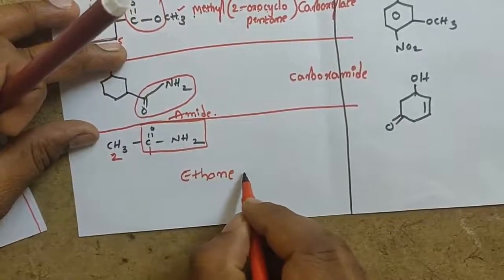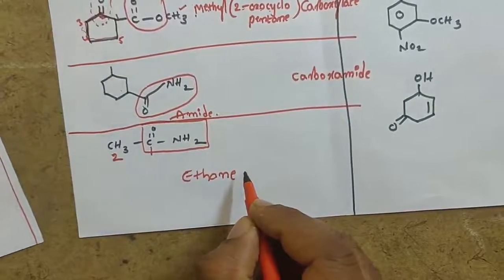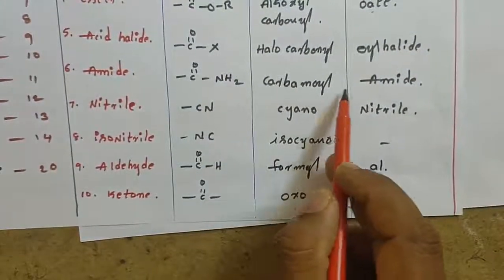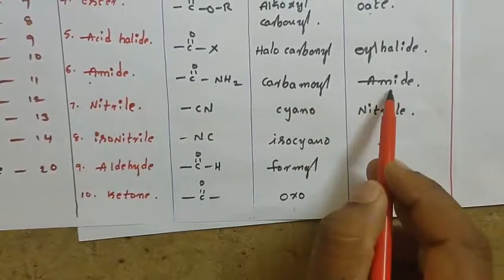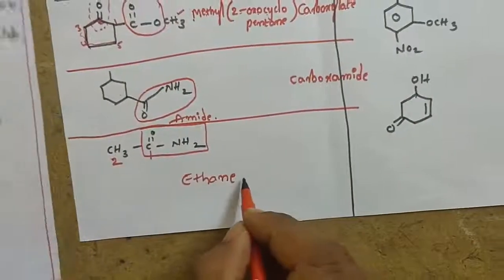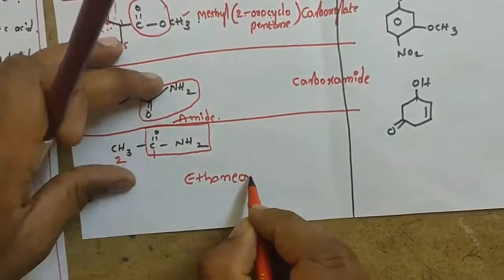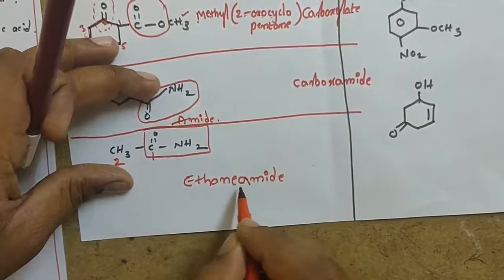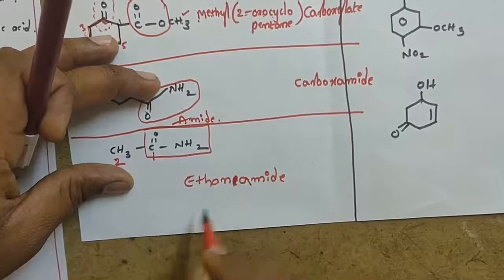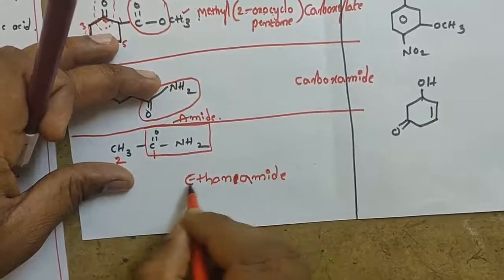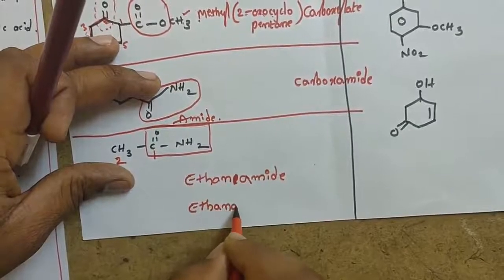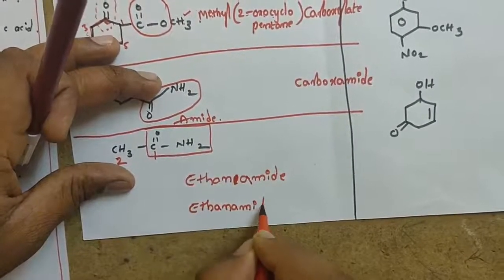And we have to write our suffix, which is amide only. But a is a vowel, that's why we remove the e and attach both. Then the name becomes ethanamide.